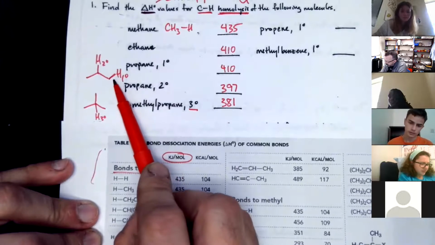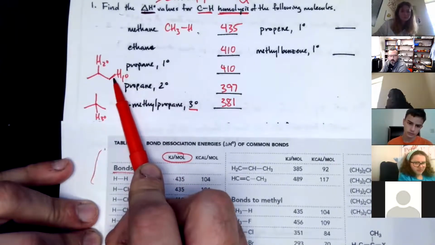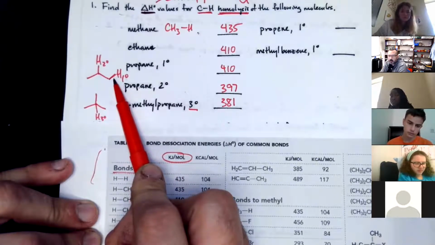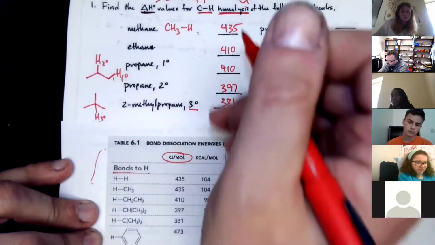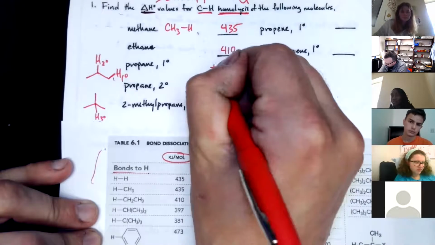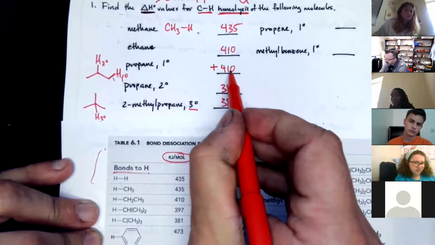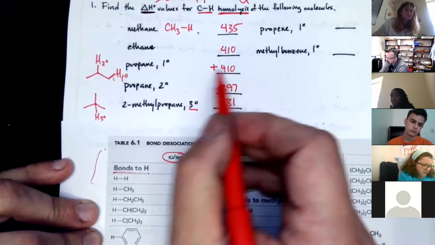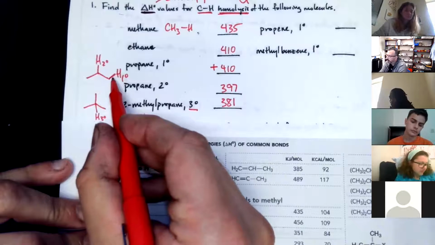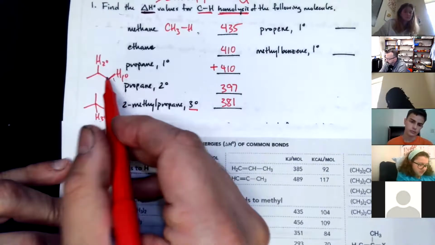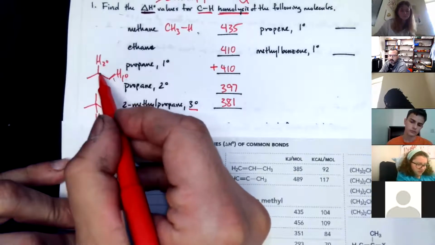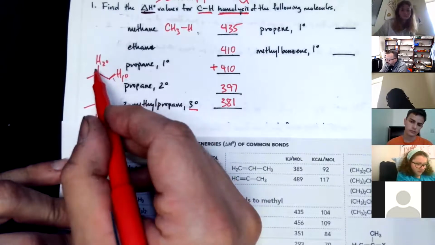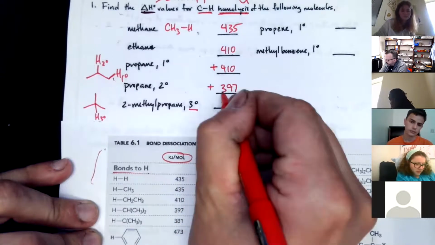If you want to cleave this bond right here, this CH bond, you have to put in 410 kilojoules per mole of energy to cleave that homolytically. This one right here, the secondary CH bond, if you want to cleave that, you have to put in 397.